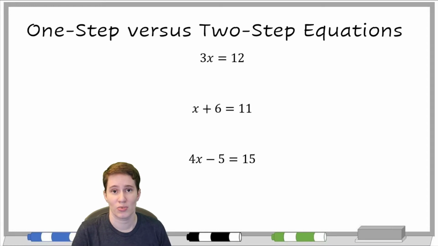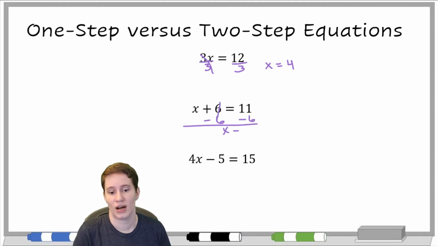And if I'm using the algebraic properties of equality on this first one, it's 3 times x, so I want to divide both sides by 3 and get my answer, which is x equals 4. On the second one, since it's x plus 6, I would subtract 6 over to the other side and get x equals 5.